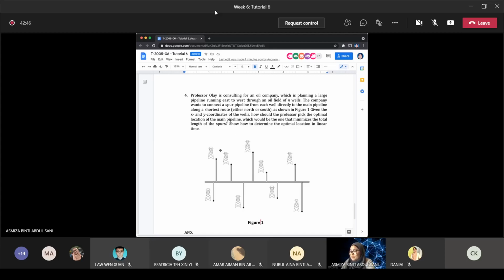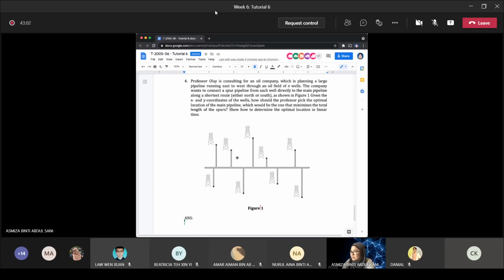Okay, so question number 4. Professor Olay is consulting for an oil company which is planning to run a pipeline from east to west through an oil field of n wells. So these are the wells. The company wants to connect a spur pipeline to the main pipeline along the shortest route, either north or south, as shown in figure 1.